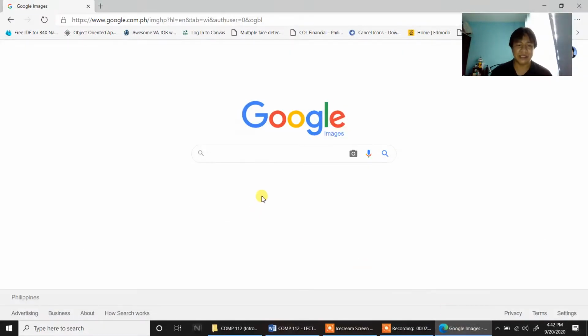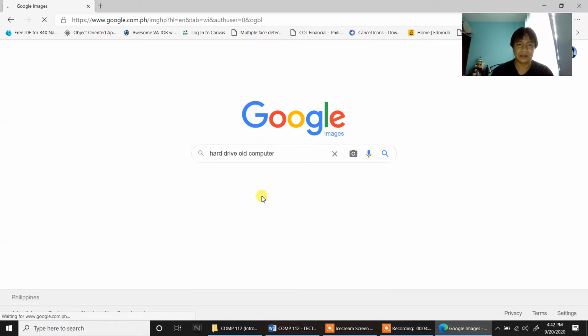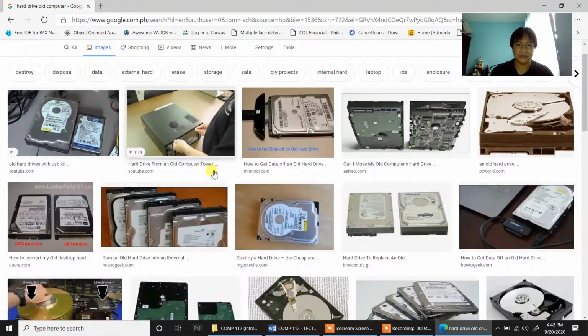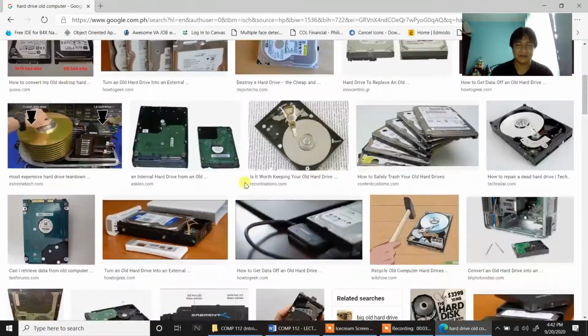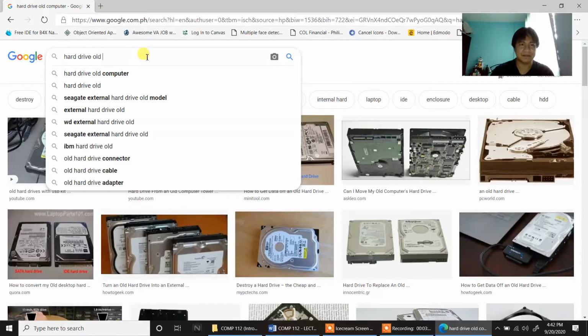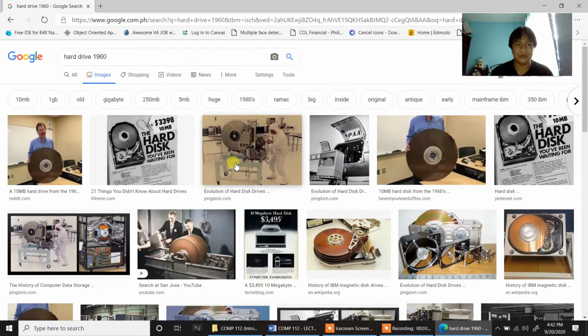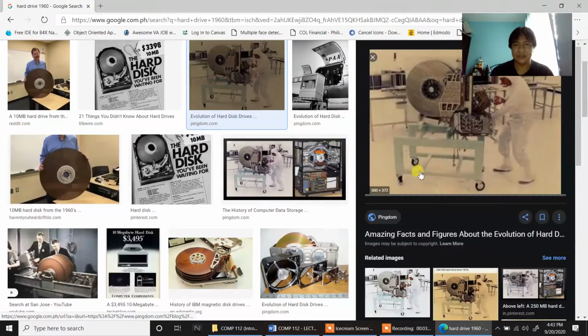When you try to look at the hard drive here, the old hard drive, the 1980s hard drive, the 1960s hard drive, if you observe the evolution of the hard drive, it was quite big.